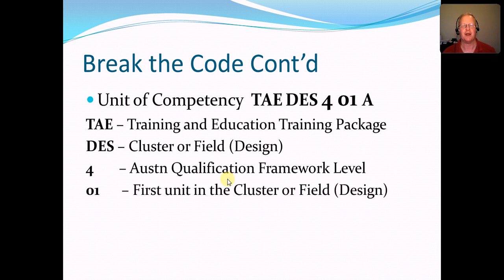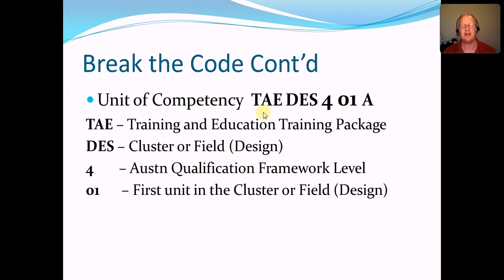We then break it down into 01, which is the first unit in the field. Now we've highlighted here, this is a unit of competency from the design cluster, and you'll find that there are a number of other units of competency within this field. This is the first one, representative 01.